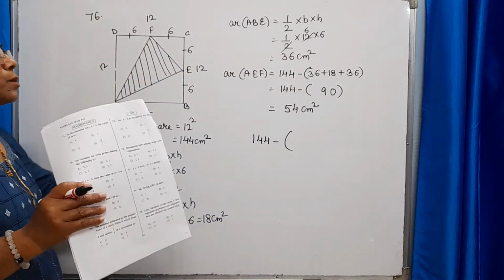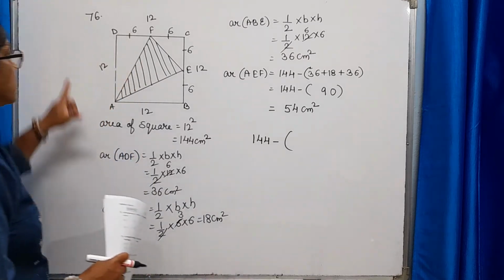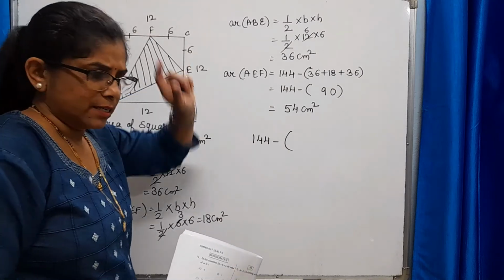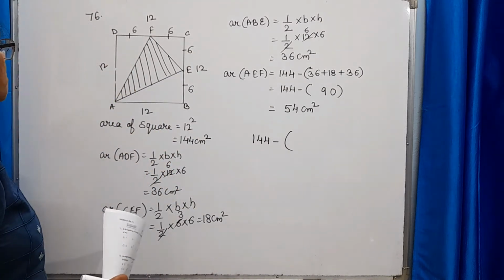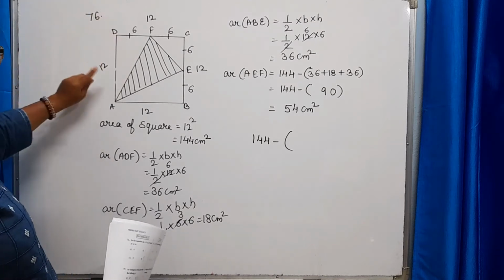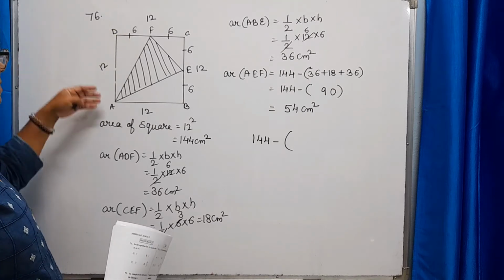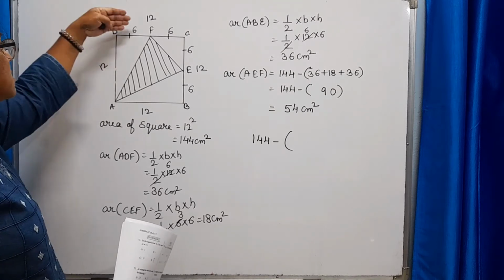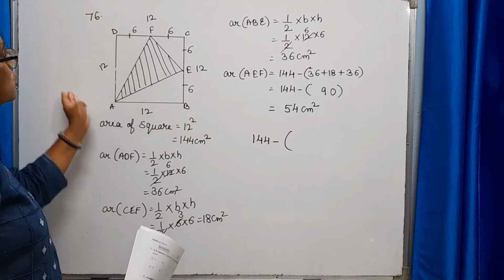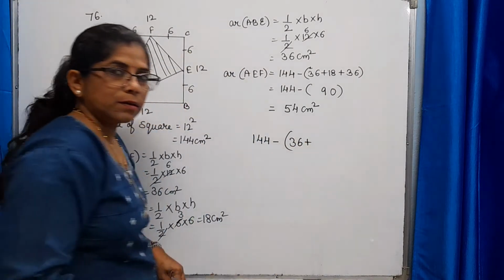The area of a triangle is half base into height, so take any one side as base, any one side as height. Multiply one side by half of the other side. Suppose you take 12 and 6, make half of any one side. Half of 12 is 6, 6 into 6 is 36. Or make half of 6, 3, 12 into 3, 36. This is the area of our first triangle.